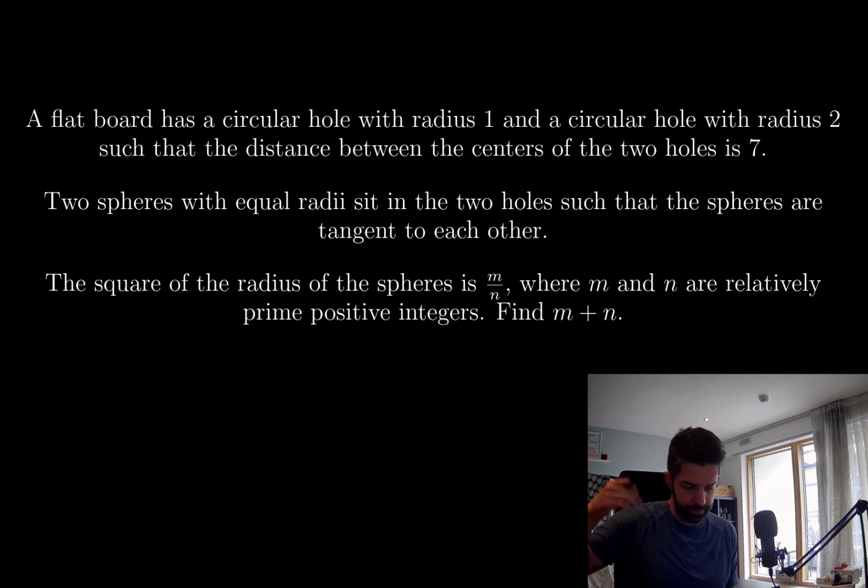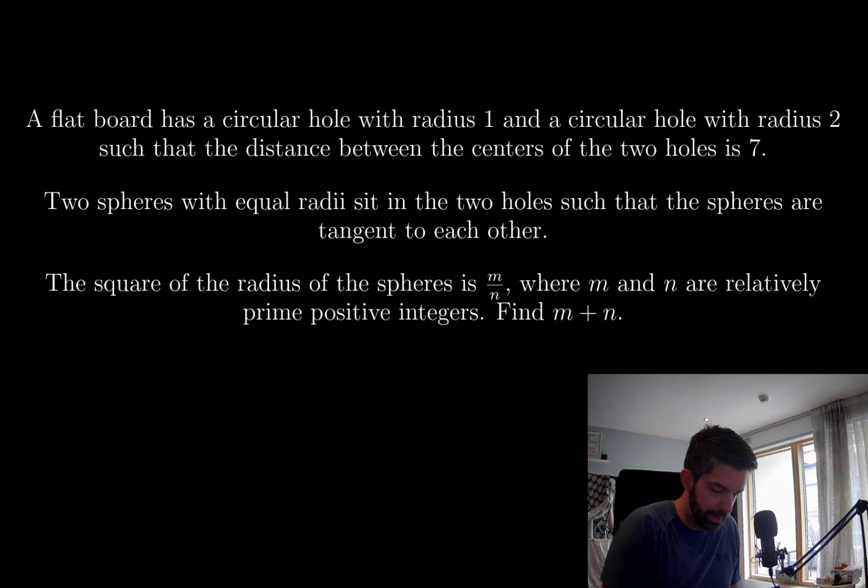Okay, so we need to understand the geometry that's going on here. The two spheres have equal radii, but because the holes they're sitting in have different radii, they will sit at different heights.